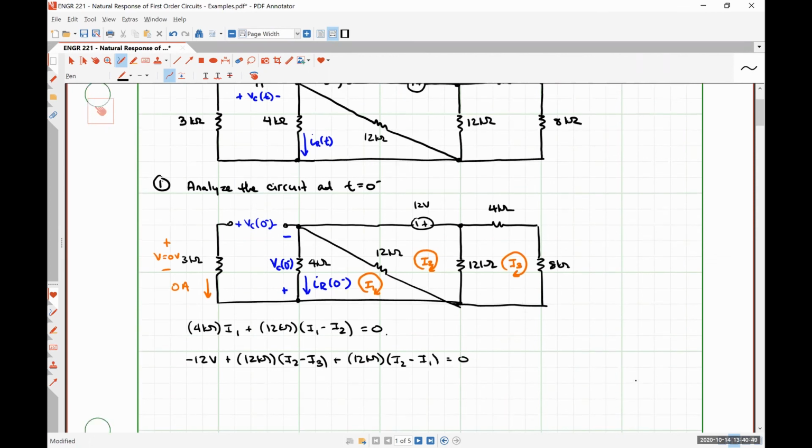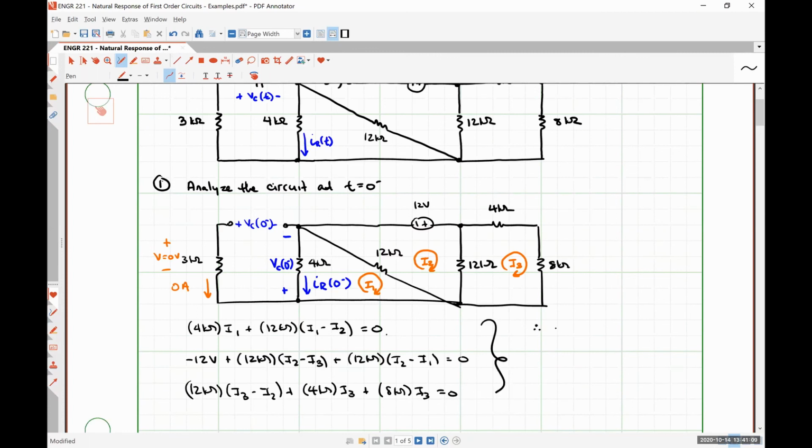And then around mesh 3, I have 12 kilo ohms times I3 minus I2 plus 4 kilo ohms times I3 plus 8 kilo ohms times I3 is equal to 0.